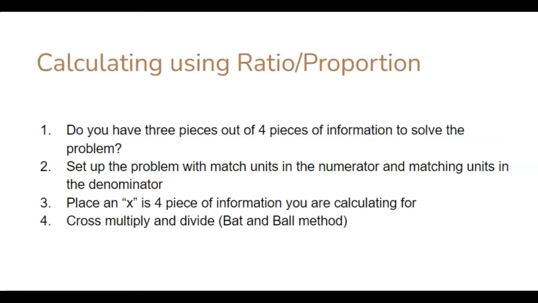Same thing with the denominator, grams or milliliters, we want to make sure they match, because if they don't, we're not proportional. If they don't, we have to convert them. And then the 4th piece of information is what you're calculating for. So if you have 3 pieces out of 4, you can solve using ratio proportion. Okay, so let's go back to our problem.